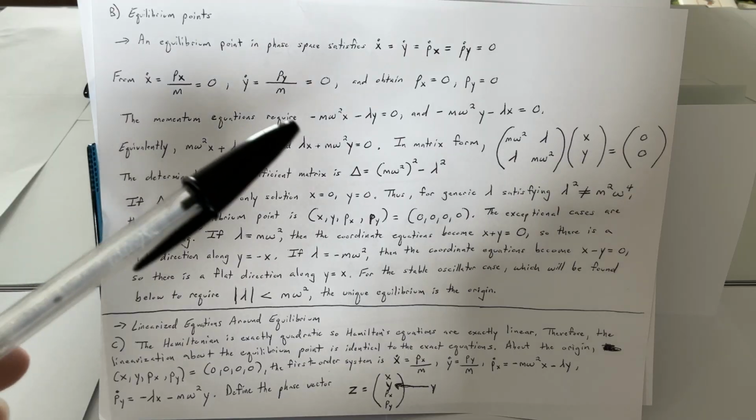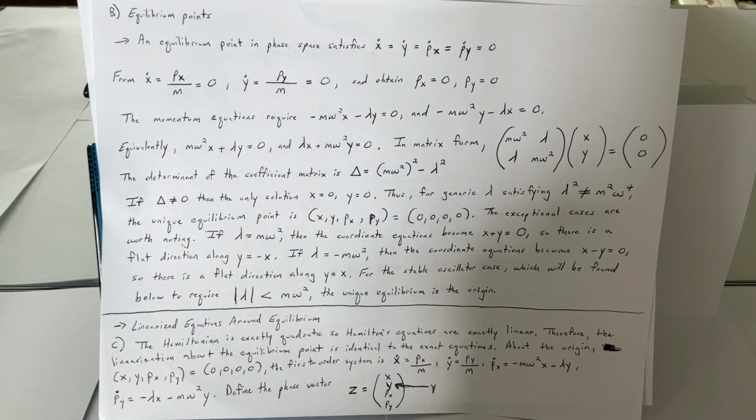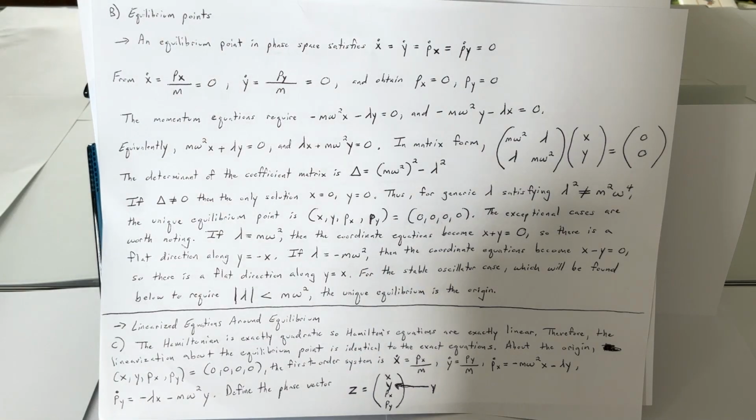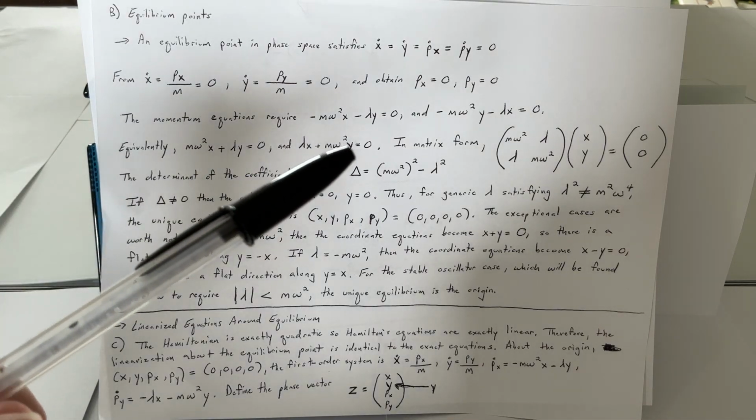The momentum equations require negative m omega squared x minus lambda y equals 0 and negative m omega squared y minus lambda x equals 0. Equivalently, m omega squared x plus lambda y equals 0 and lambda x plus m omega squared y equals 0.